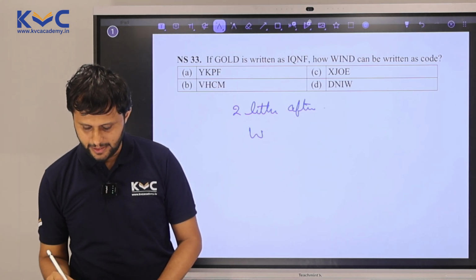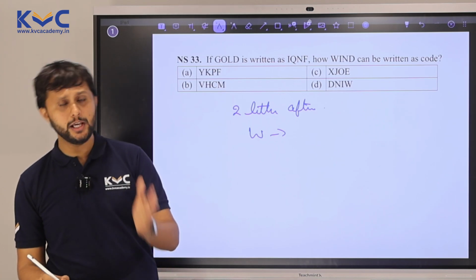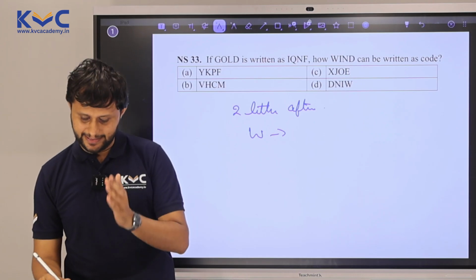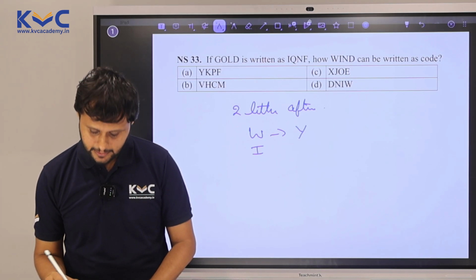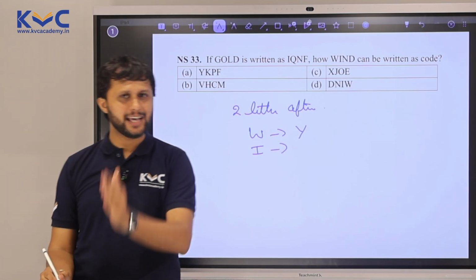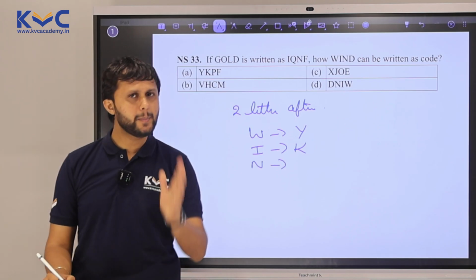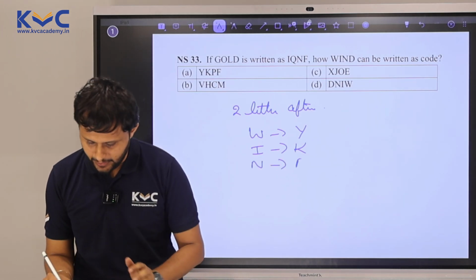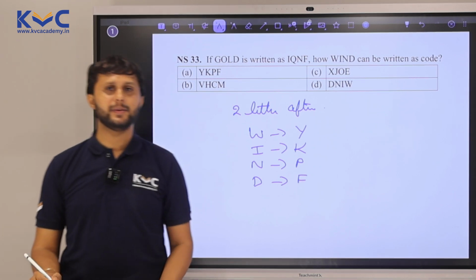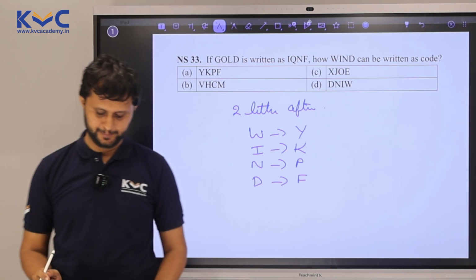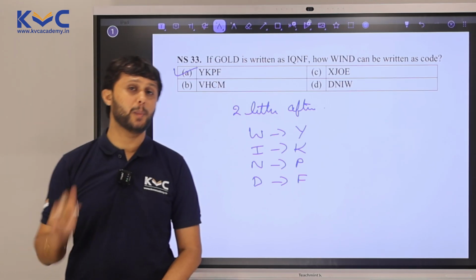W gives Y. And then for I: F, G, H, I, J, K, so K. Then N gives P: M, N, O, P. And for D, 2 letters later is F. So the answer is YKPF. Answer is option A.